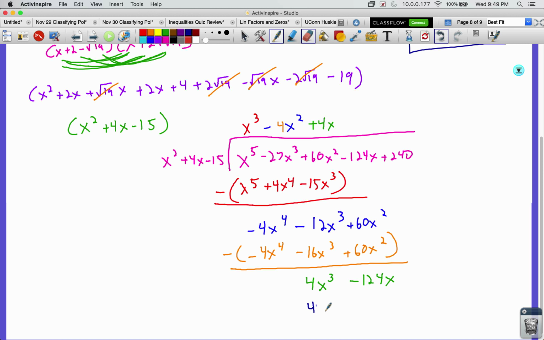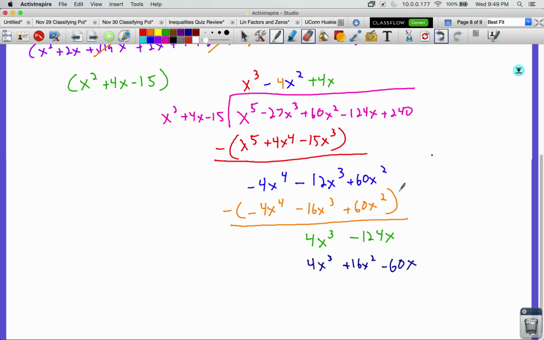So now we get our 4x cubed plus 16x squared minus 60x. Subtract this away. There's no x squared there, so we're going to get a negative 16x squared. This is really negative 124 plus 60. It's going to become a negative 64x, and we'll drop down the 240.